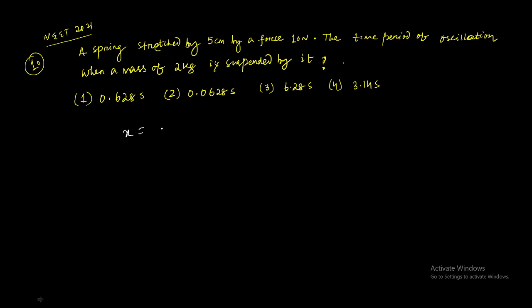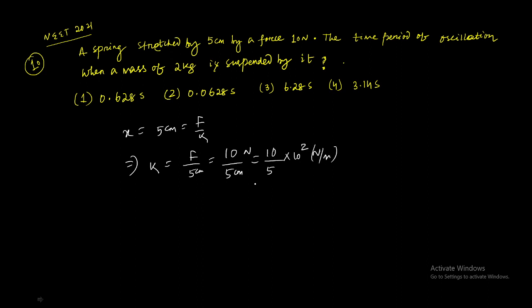So x is given as 5 centimeter, and you know that x will be F by K. So K you can find out as F by x, that will be 10 divided by 5 centimeter. This is in Newton, right? So 10 divided by 5 into 10 to the power minus 2 meter. So this will be 200 Newton per meter. So K you got. Now you have to find out the time period.